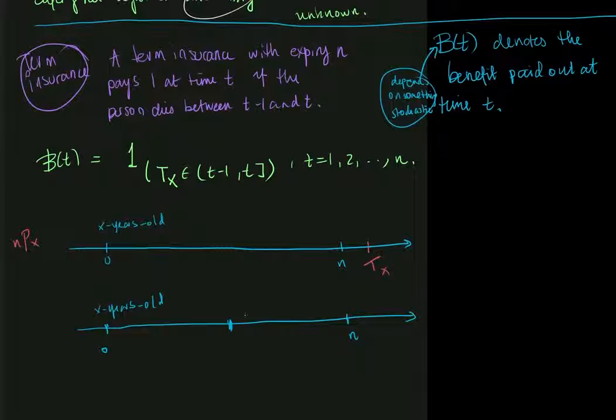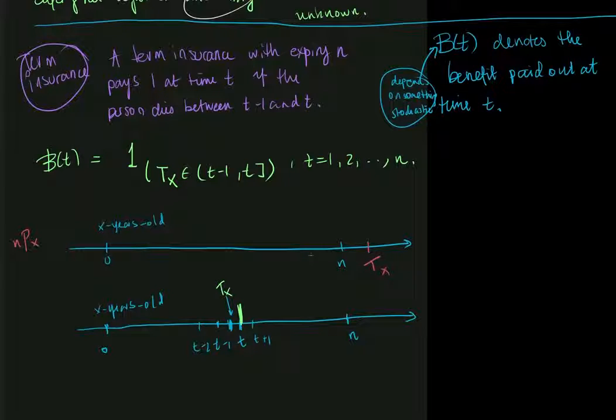Then if we have T here and T minus 1, T minus 2, and so on, and then T plus 1, then if the person dies here, so if this is Tx, that means that Tx lies between T minus 1 and T, and then there's a payout of 1 exactly at the end of the year where the person has died. If the person had died between T minus 2 and T minus 1, then the payout would have been here instead at T minus 1.